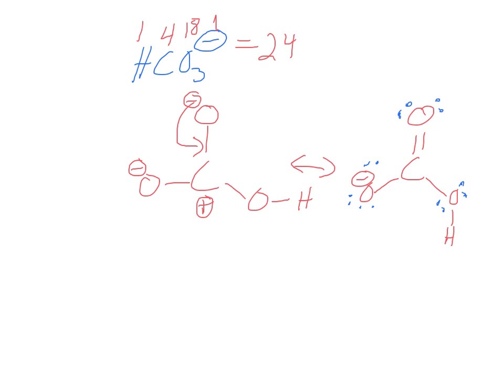So let's count these guys up, including the bonds, so all the electrons involved. 2, 4, 6, 8, 10, 12, 14, 16, 18, 20, 22, 24. Good to go. And the charge is balanced.